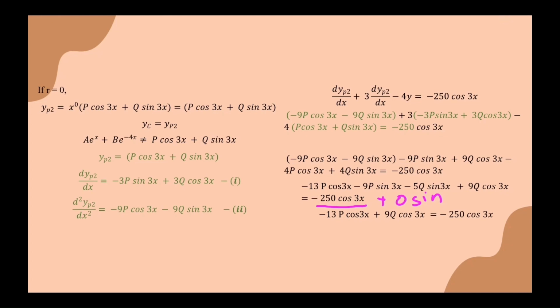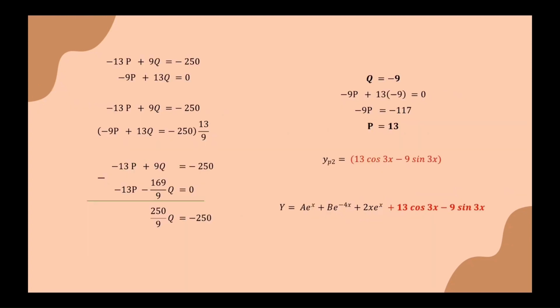We already know that there is a value for cos and a 0 value for sine. So we need to extract the equation for cos and write it down separately. So we will get negative 13p cos 3x plus 9q cos 3x equals negative 250 cos 3x.